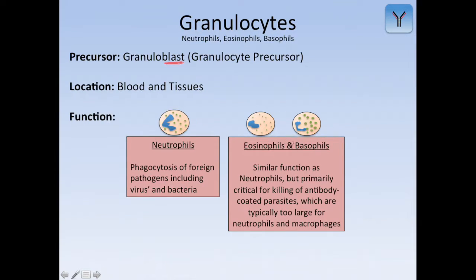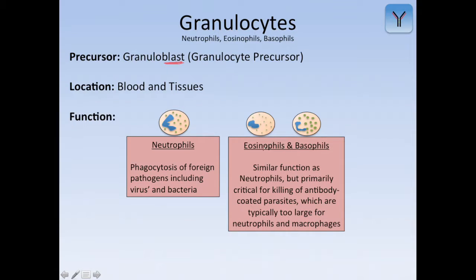Eosinophils and basophils look quite similar. The nuclear shapes actually look a little bit different when you look at them under a microscope. But they perform similar functions as neutrophils, but primarily they're critical for killing of antibody-coated parasites. Although this is not completely confirmed, it is typically thought right now that these parasites are too large for neutrophils and macrophages.